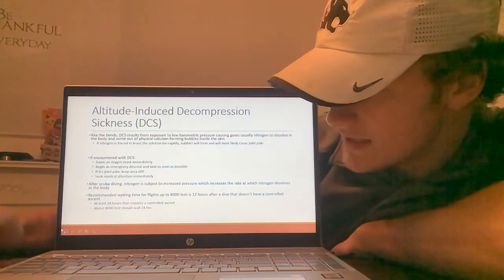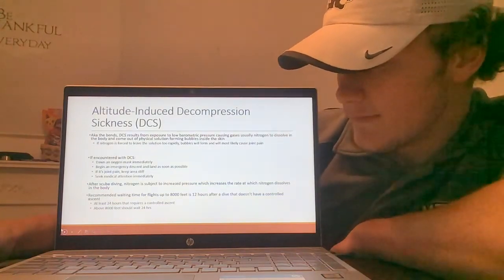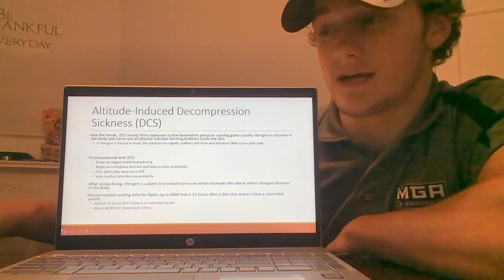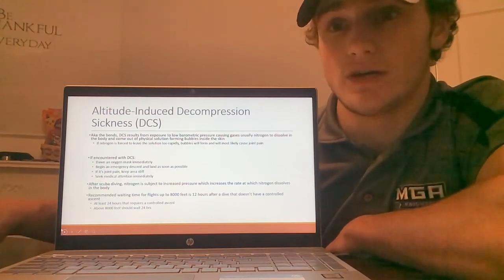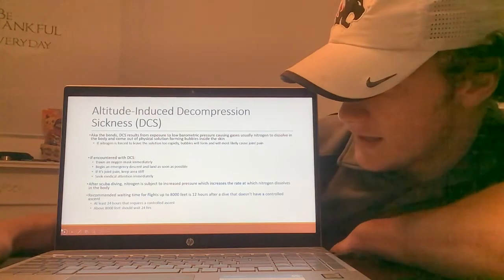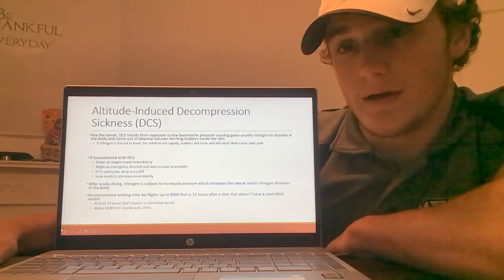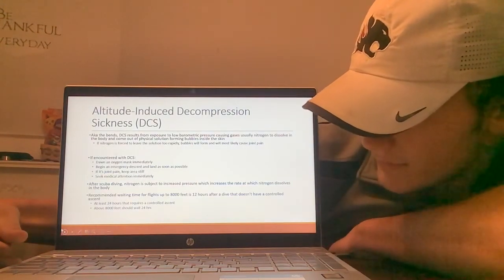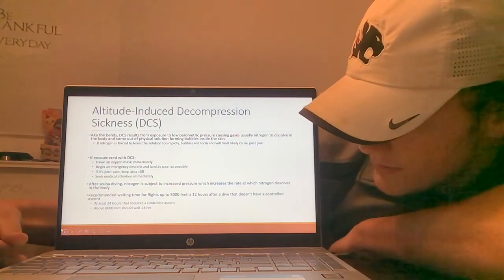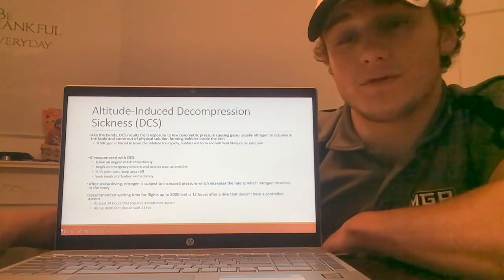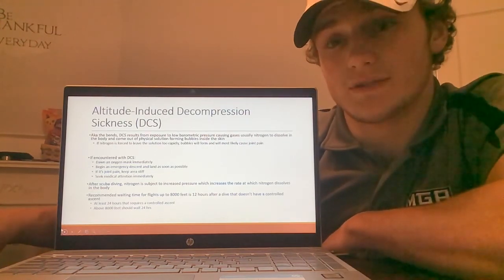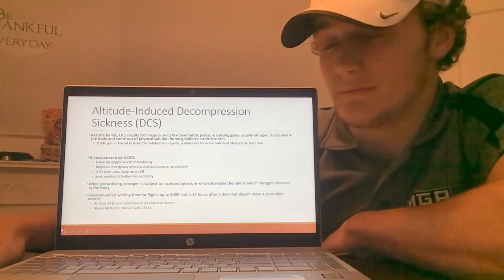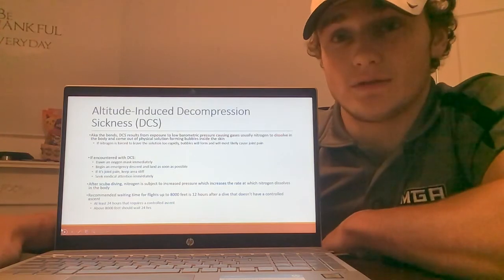How they recommend handling this, say you went scuba diving, if you're flying above, and these are MSL, this is not cabin pressure altitude, this is your MSL, above sea level. If you're flying above 8,000 feet, you want to wait 12 hours after a dive that was unassisted, so you didn't have to stop in the middle for your body to equalize in pressure when coming up.